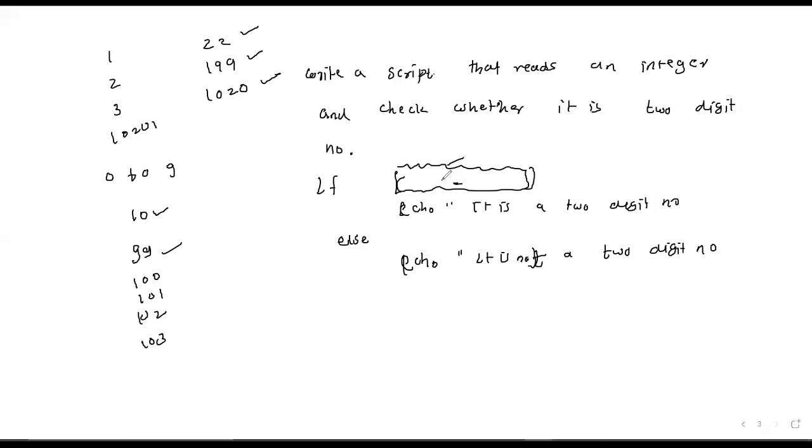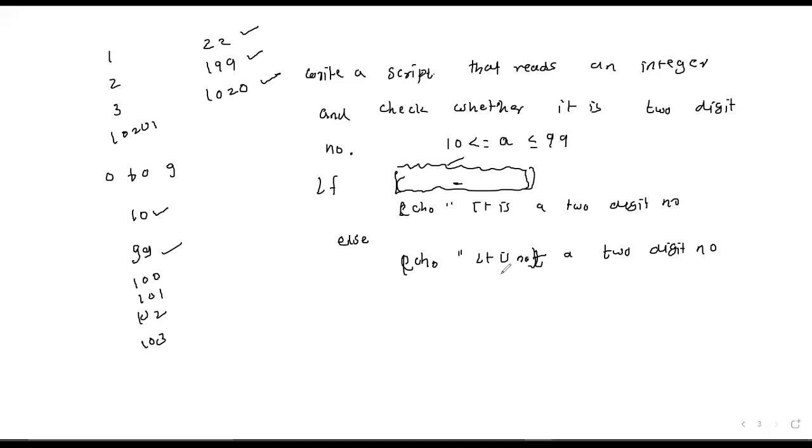So we can write the condition like this: if 10 less than or equal to, suppose we have number a, integer a, less than or equal to 99. So if this condition is satisfied, a number between 10 and 99, then you can say this is a two-digit number.